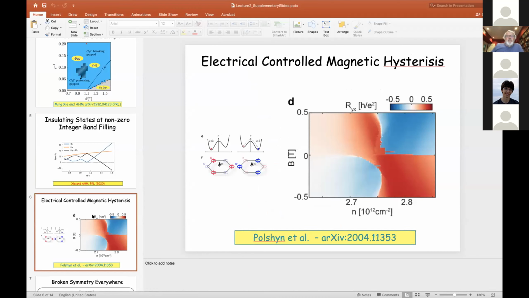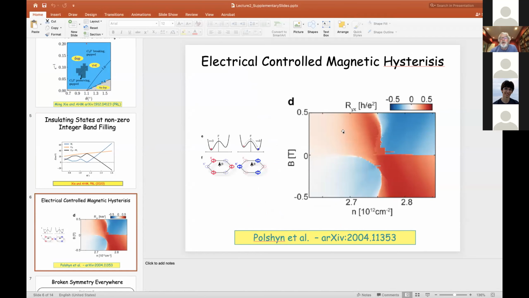So I just wanted to show you this beautiful experimental result from the group of Andrea Young, this recent preprint. What you're seeing there is looking at densities near an insulating state. It's actually nu equal +3 on hexagonal boron nitride.